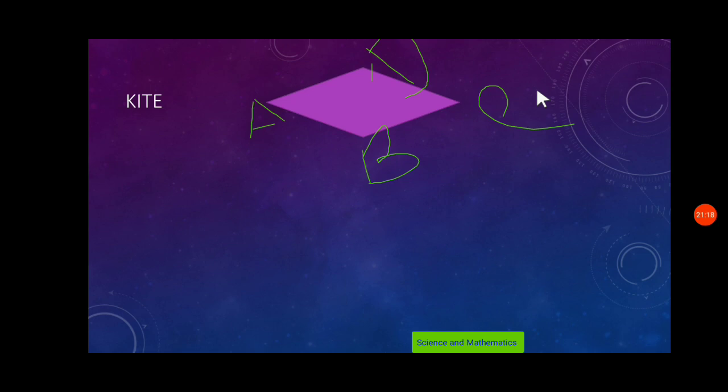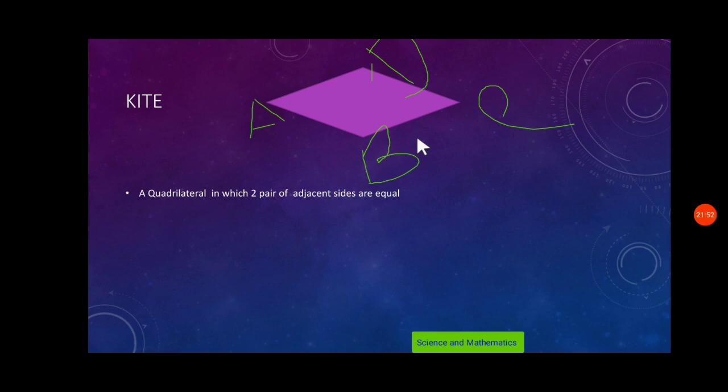Now it is a quadrilateral in which two pairs of adjacent sides are equal. Here, two pairs of adjacent sides, that is this side and this side, as well as this side and this side, are equal. That is, AB is equal to AD, which I am telling as the adjacent sides. Now the diagonals of a kite intersect at right angles.